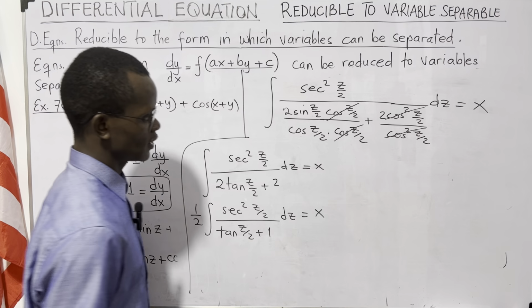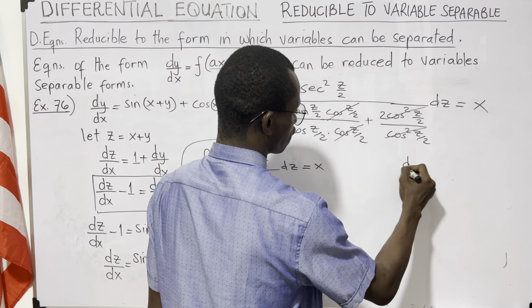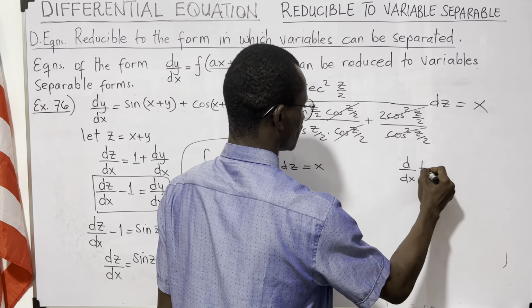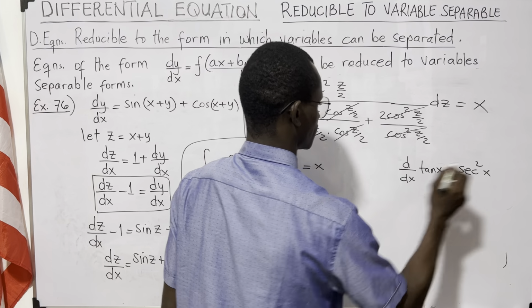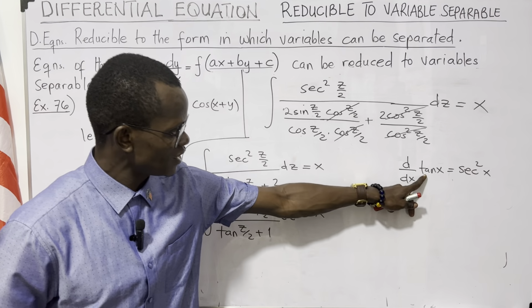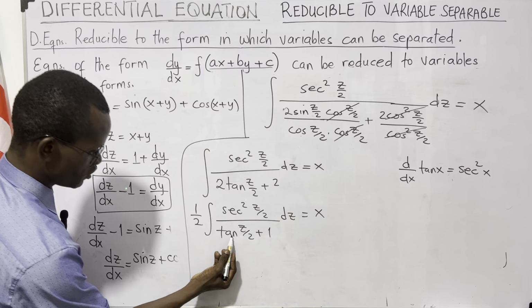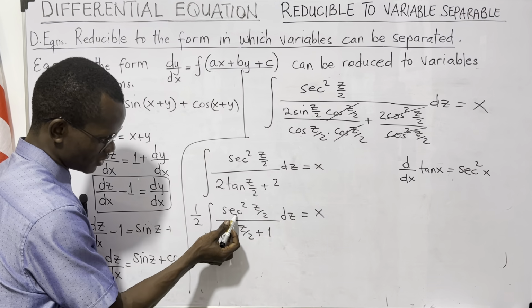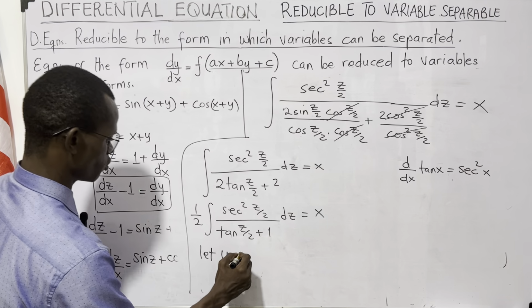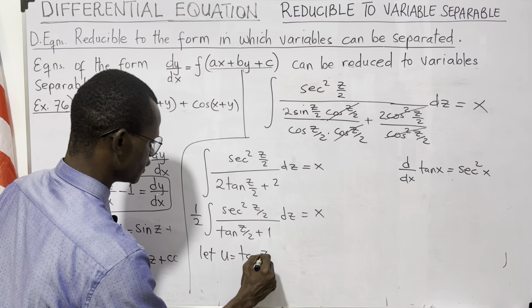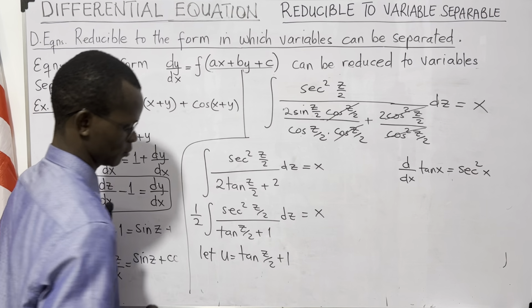Now we know that the derivative of tangent x equals secant square x. So if we differentiate tangent, we get secant square x. So we can say let u equals tangent of z over 2 plus 1.